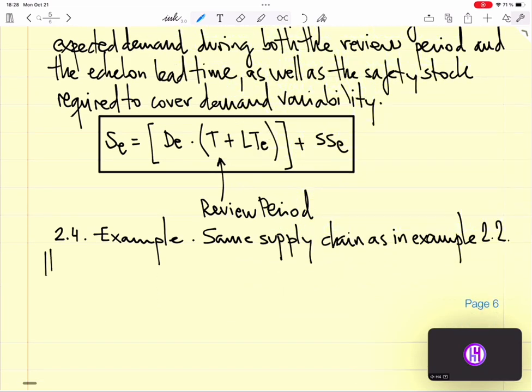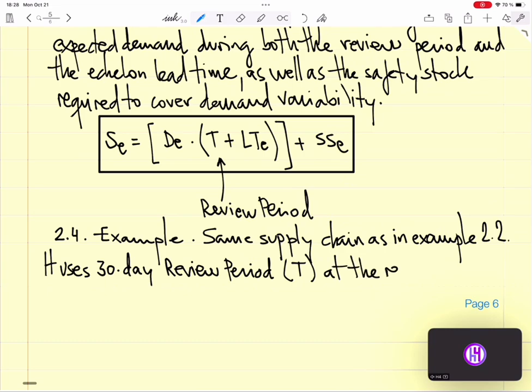Now it uses a 30-day review period, so every month. So this is T at the retail store.